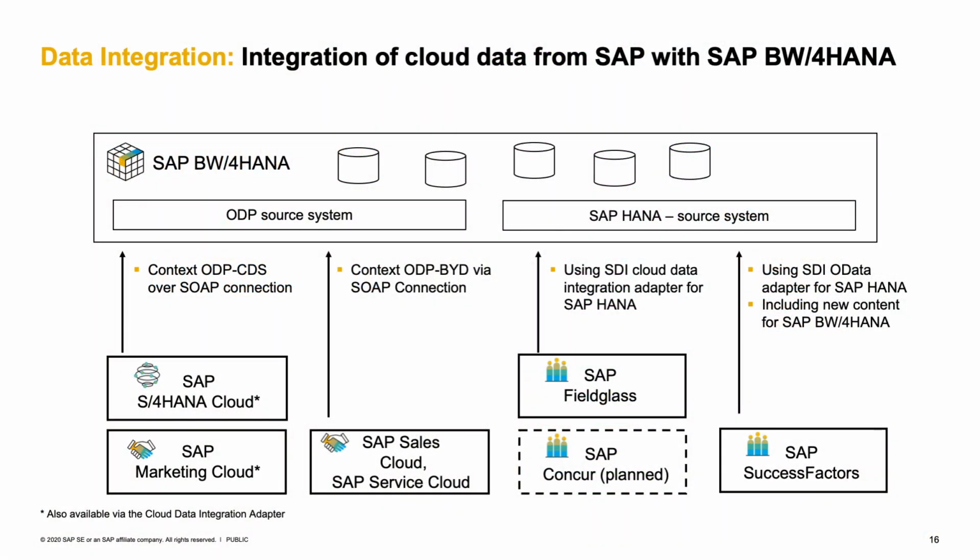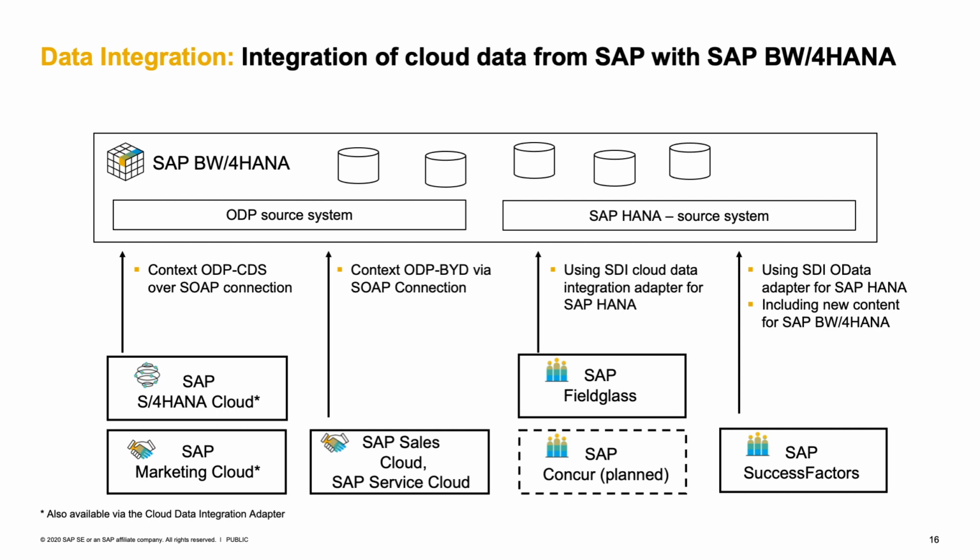And here also, what I mentioned at the beginning, being able to connect to any kind of data sources is quite key for an enterprise data warehouse. Of course, especially when it comes to our own data sources, our own applications, and especially cloud applications. And here you can see that we are really leveraging our proven technology like operational data provisioning based upon CDS views to extract data from one part of our cloud applications like S4HANA Cloud, Marketing Cloud, but also SAP Sales Cloud and Service Cloud.